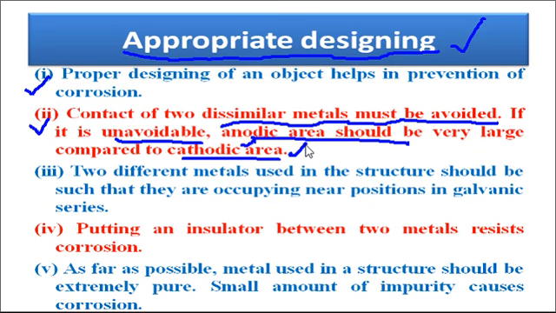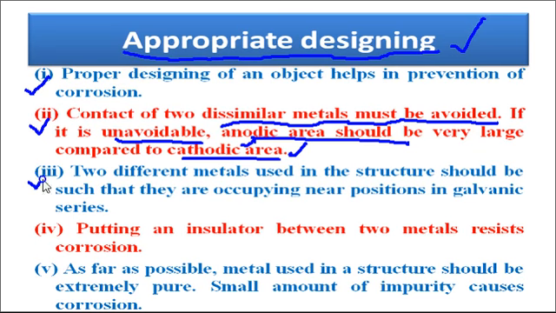That means anodic area should be large and cathodic area should be small, because in the last class we discussed that the anodic area is inversely proportional to the rate of corrosion reaction. So as the anodic area is larger, the rate of corrosion will be smaller. That's why we should select the metals in such a way that the anodic metal is large while the cathodic metal is smaller.